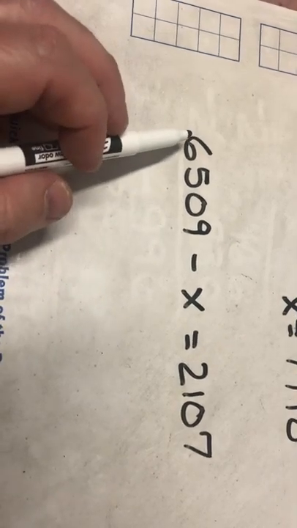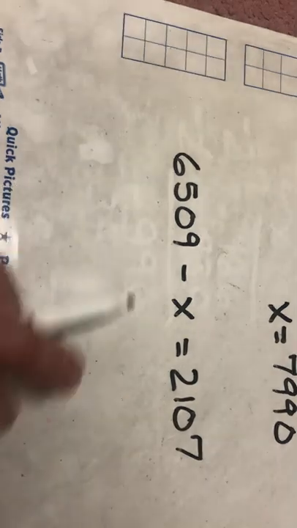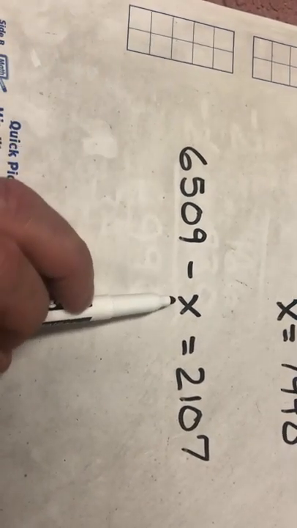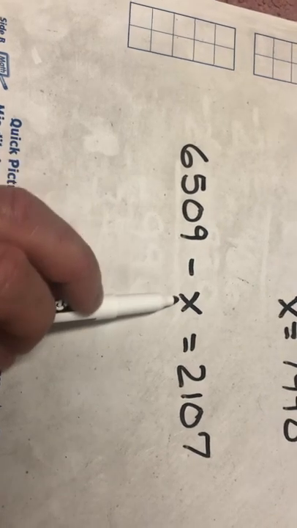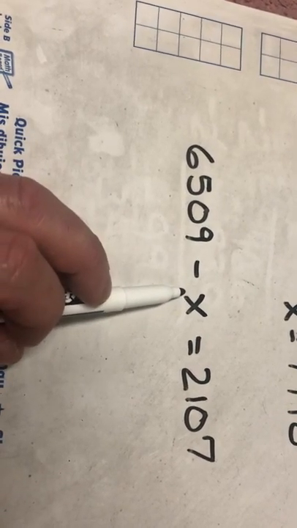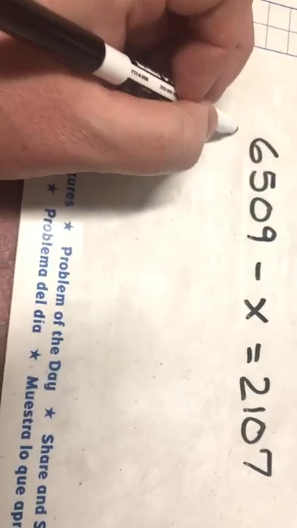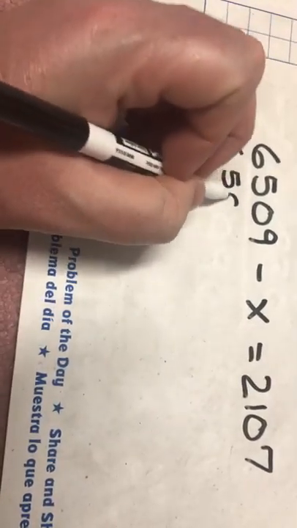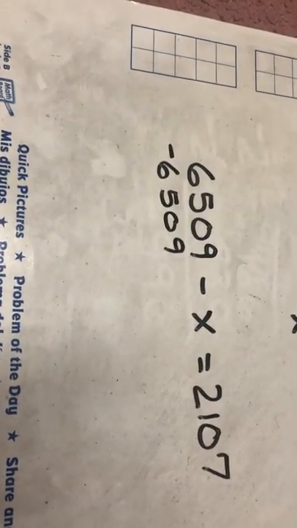Now here I have a positive 6,509. That means to get rid of it, I have to subtract 6,509 from both sides.